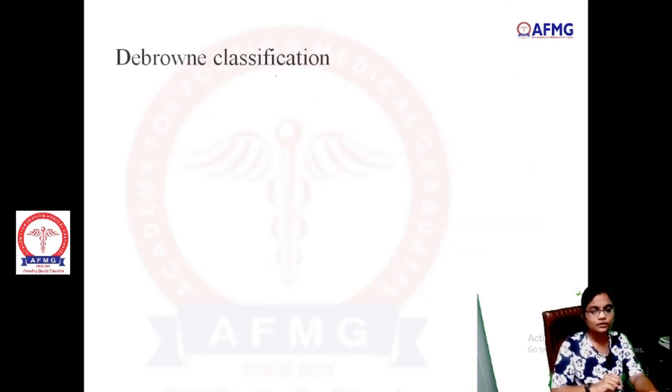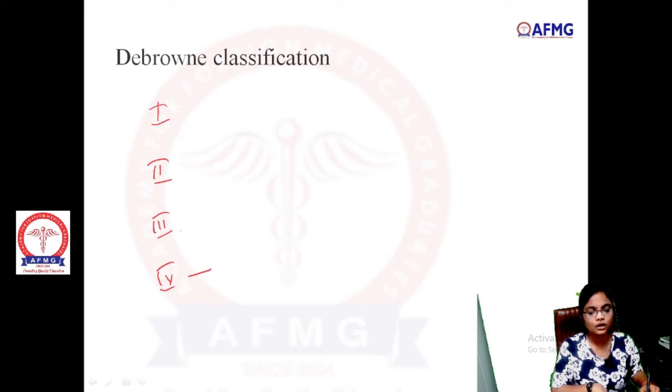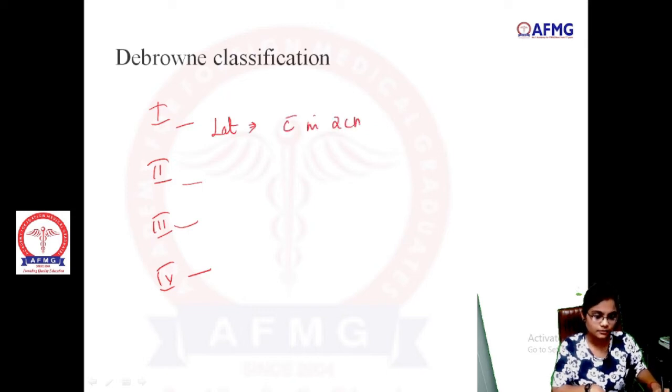Now coming to the next part, there is the de Browne classification in placenta previa: first, second, third, and fourth. What does it say? The placenta is lateral, within 2 cm. Sometimes it is marginal, which we have seen in the picture now, up to the os.